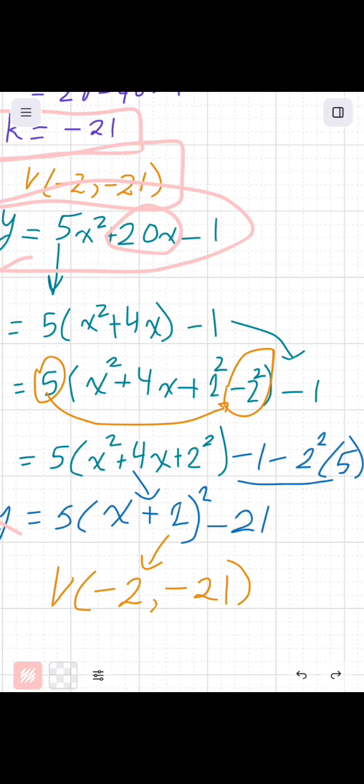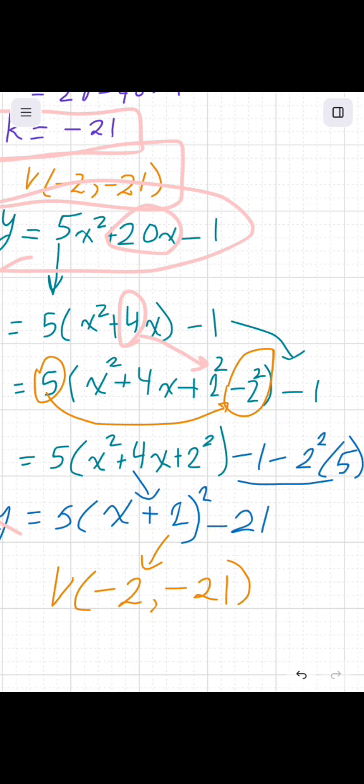In the second step, that is very crucial in completing square method, what I did extra is I added 2 squared and subtracted 2 squared at the same time. So keep in mind, in the second step you will have to add and subtract half of the coefficient of x.